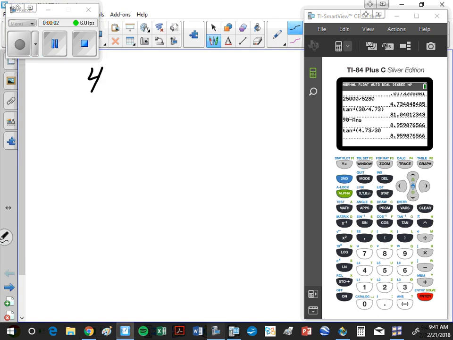We are working on page 453 today, and it looks like we will do 47 to 68, all.